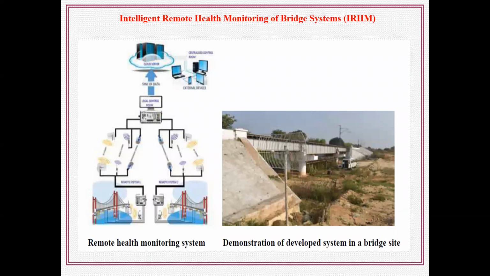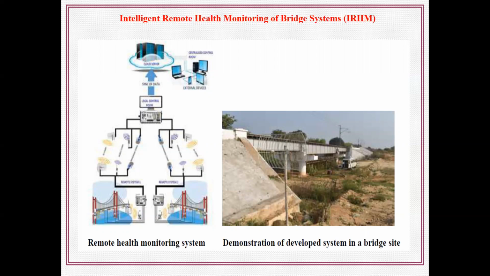So these are a few simple ideas that were successful. Intelligent remote health monitoring of bridge systems. Railway bridges are there, some other bridges are available. You monitor the health condition of those bridges.